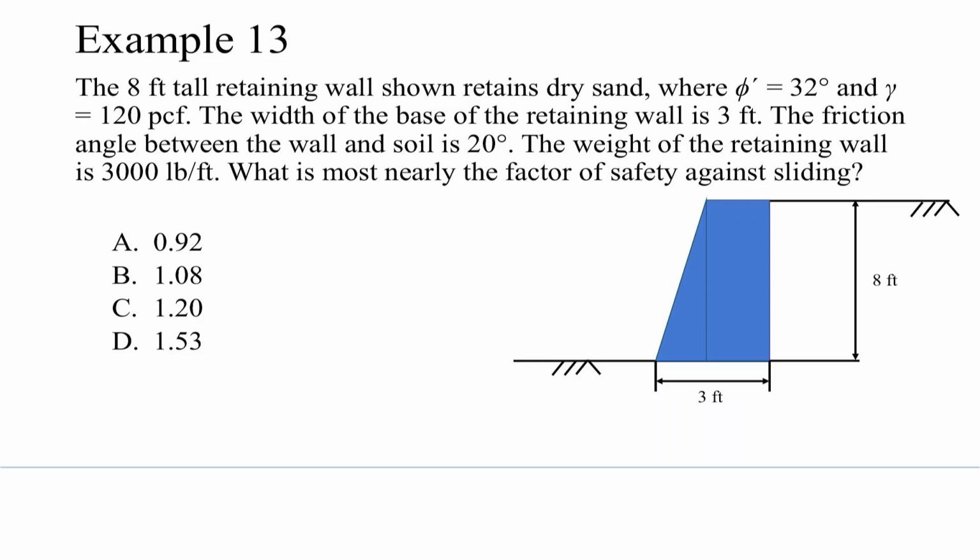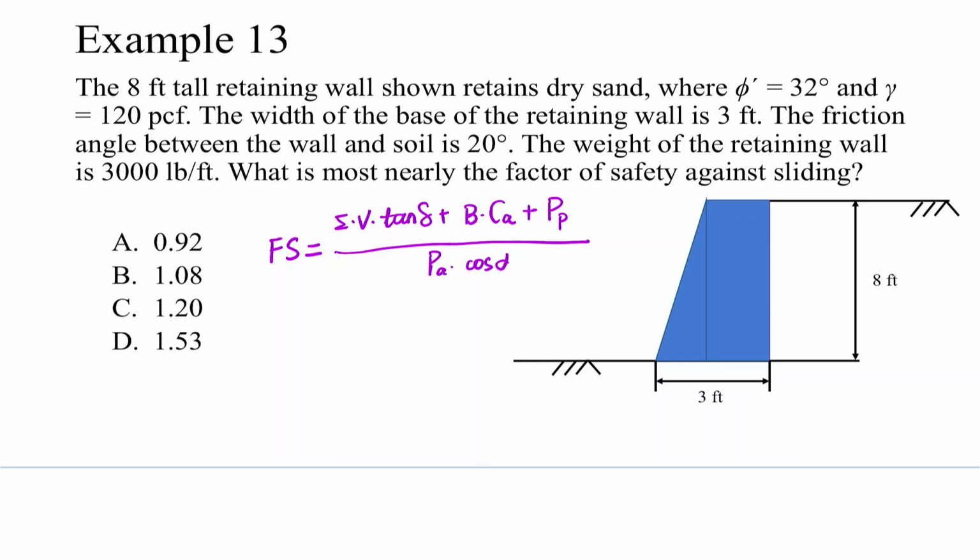According to the reference manual, your Fs is sigma V times tangent of the angle, plus B times Ca, plus Pp, and a PA times cosine alpha.